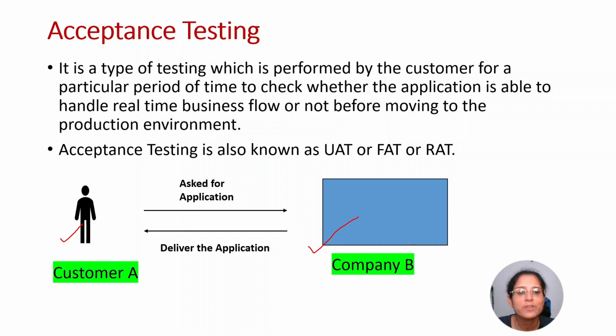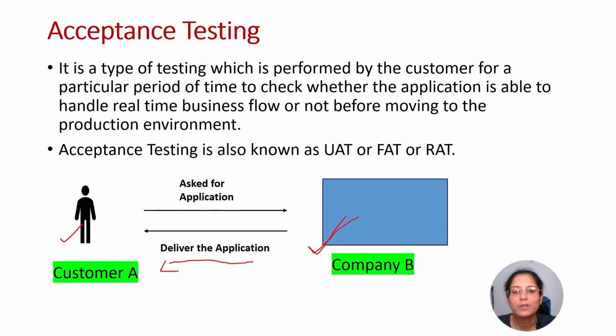According to their business requirement, the customer A is going to explain the requirement to this company and request for developing an application. So as per customer requirement, this company B will be developing a software, and then this company B will deliver the software application to this customer.